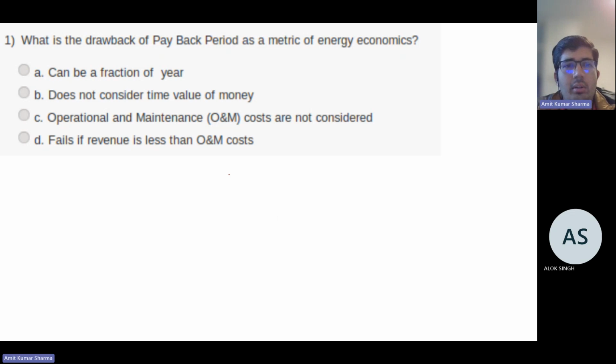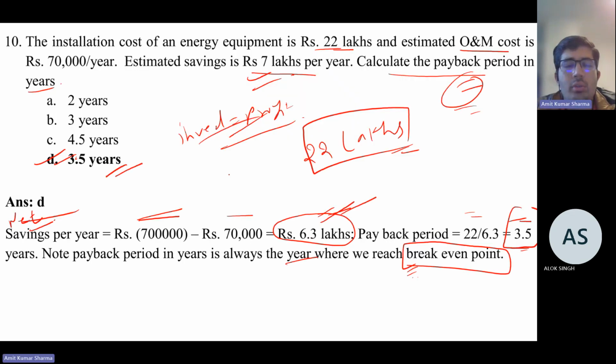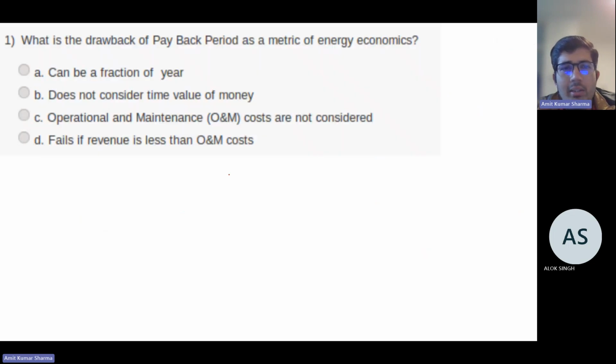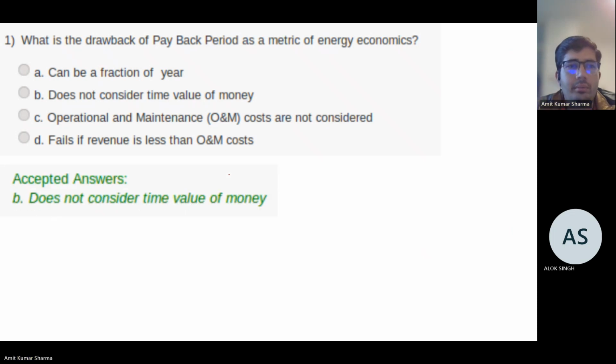We can also see this in this question, because 22 lakh rupees is just coming back in 3.5 years as the same amount. But if we had invested it somewhere else, we could get more money. So this method is not considering the time value of money. That is a drawback of this method.